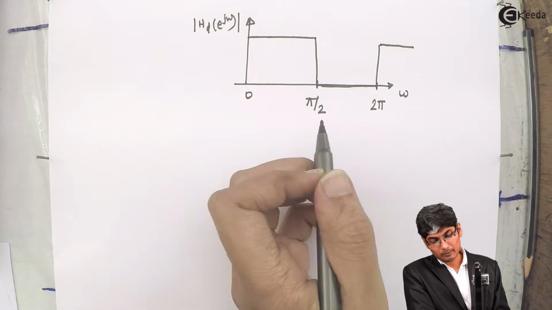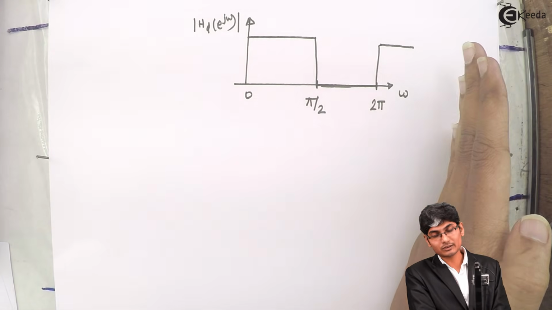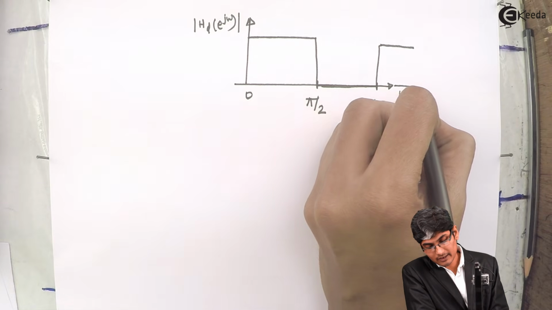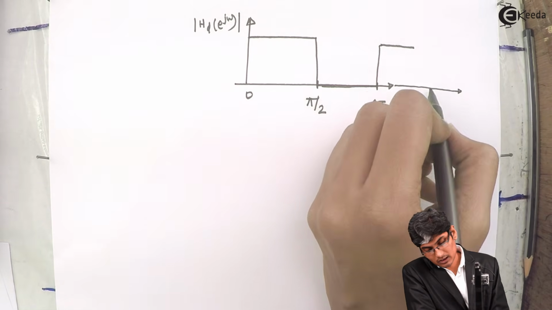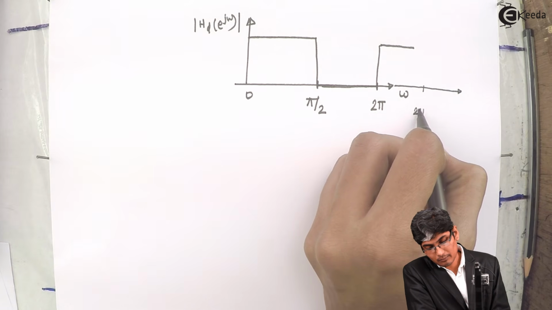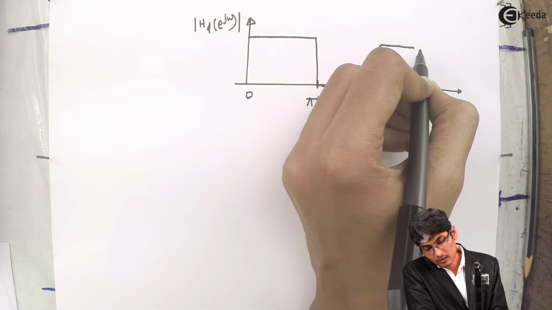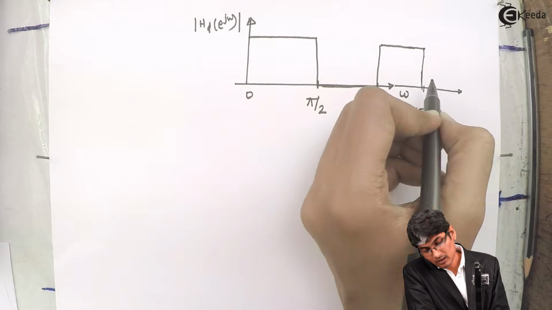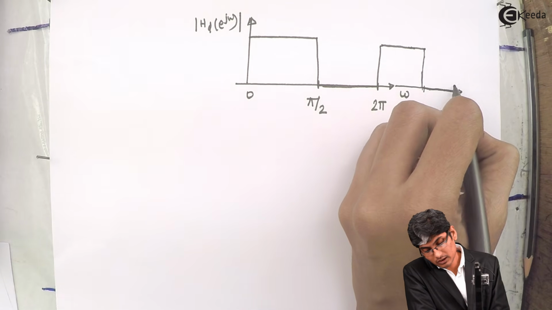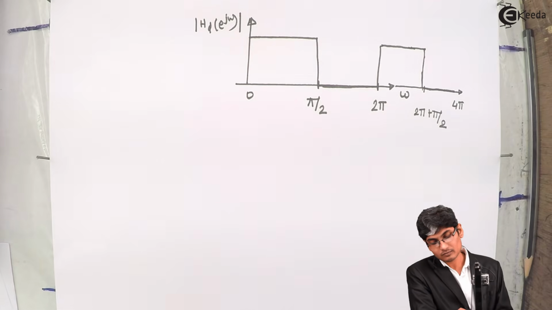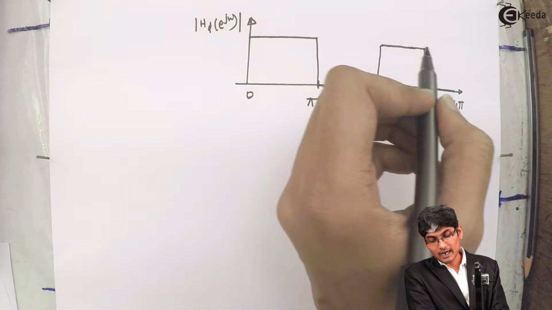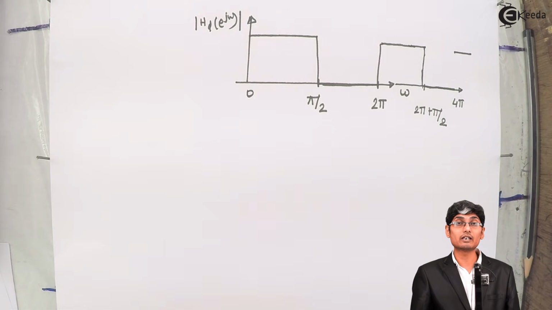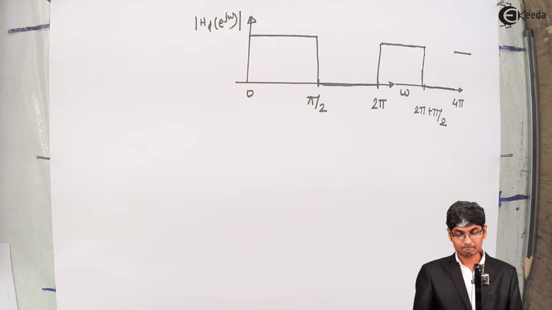So after 2 pi, 2 pi plus pi by 2 will be the next cutoff. If I extend this the same way, the cutoff will come at 2 pi plus pi by 2. There I will get the second cutoff, and then I will have to reach till 4 pi. At 4 pi I will get the high value again, and this is going to repeat again and again at an interval of 2 pi.